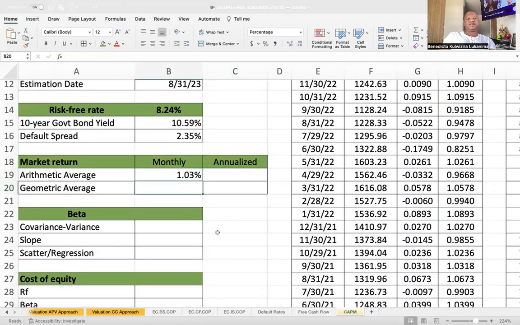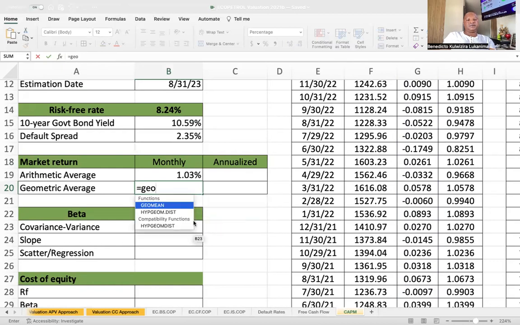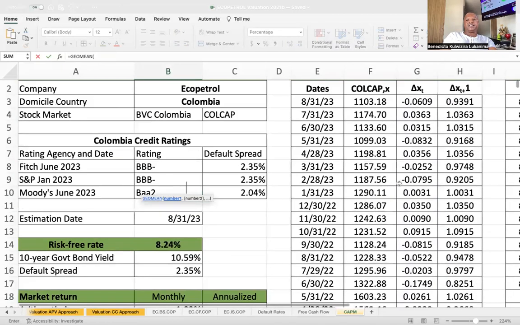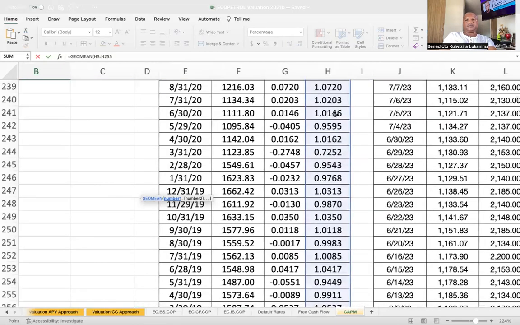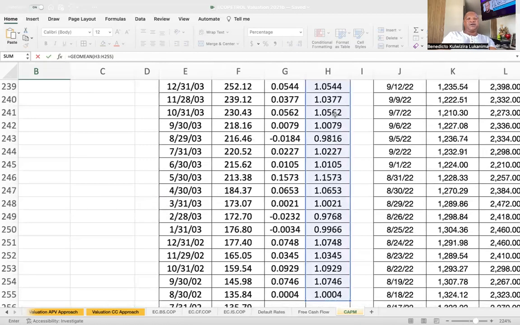And geometric average is geomean. So that would be geomean. That means geometric average. And they will use the values with no negative. And because we added 1, that 1 should be subtracted. So minus 1.